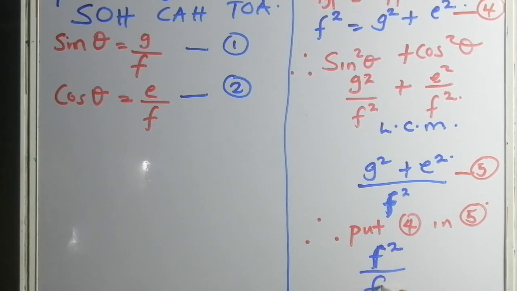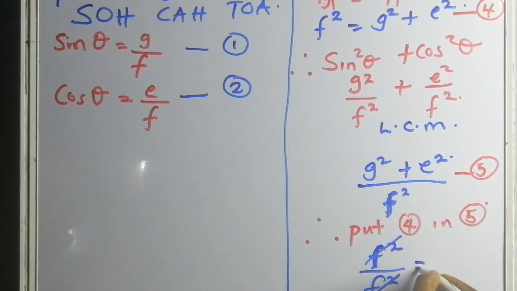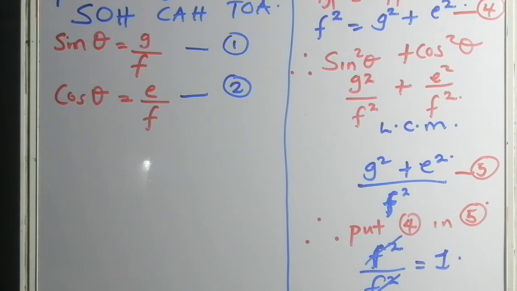over f square. See that they are the same thing. I can now cancel, so at the end of the day I'm getting 1. Do you see it now? So that is how to prove that sin square theta plus cos square theta is equal to 1.